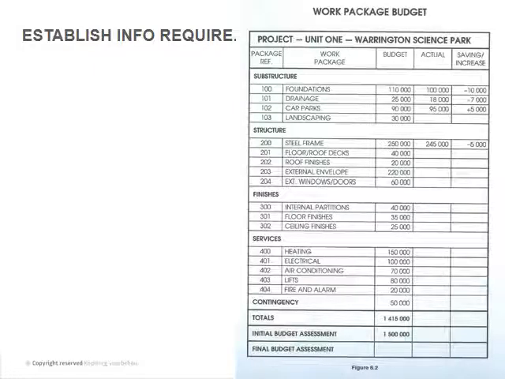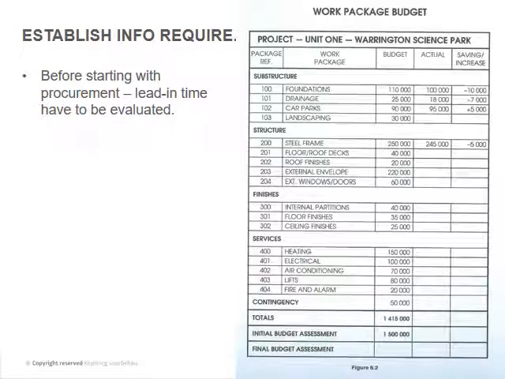Okay, so the information required is basically the following. Your work package budgets are more or less divided into the following. Before starting with the procurement, lead-in times have to be evaluated. Your typical key dates are given on page 111, so please have a look there.